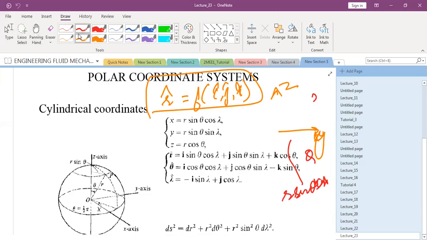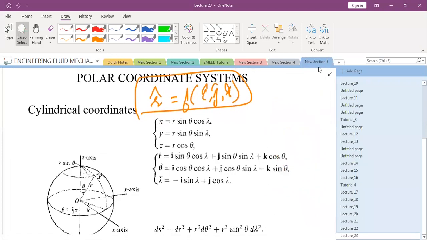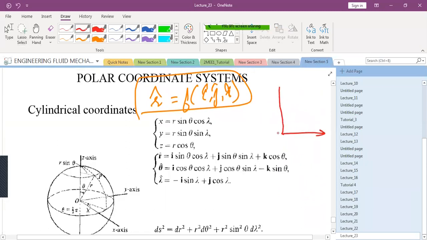Now if I want to have the projection in the r direction of i cap, what should I do? This is the i cap direction. This is the j cap direction.